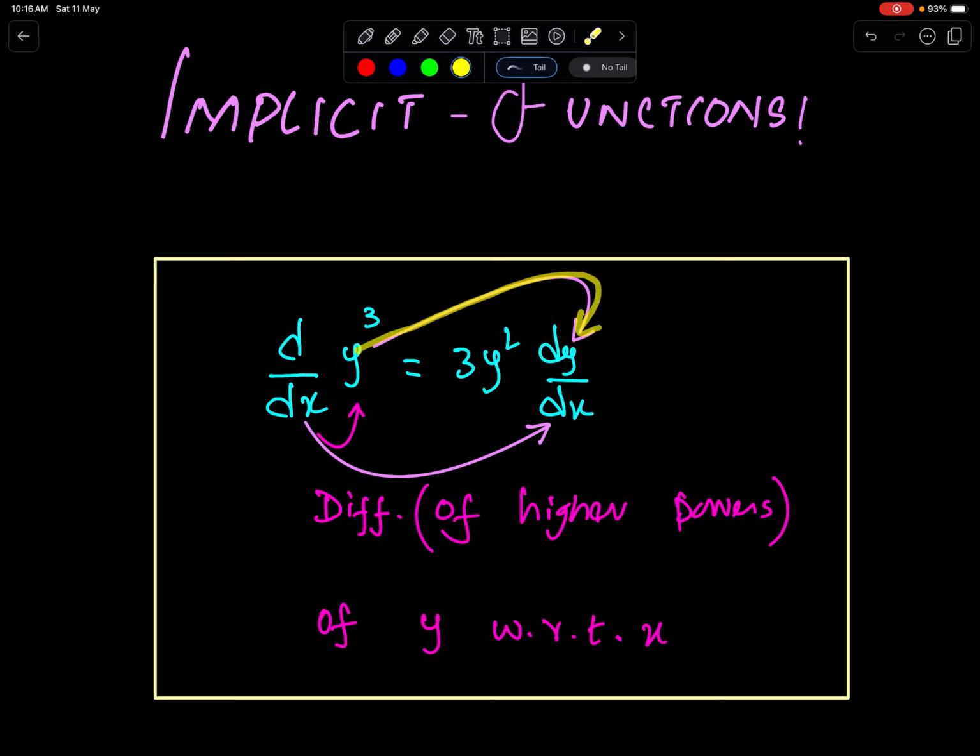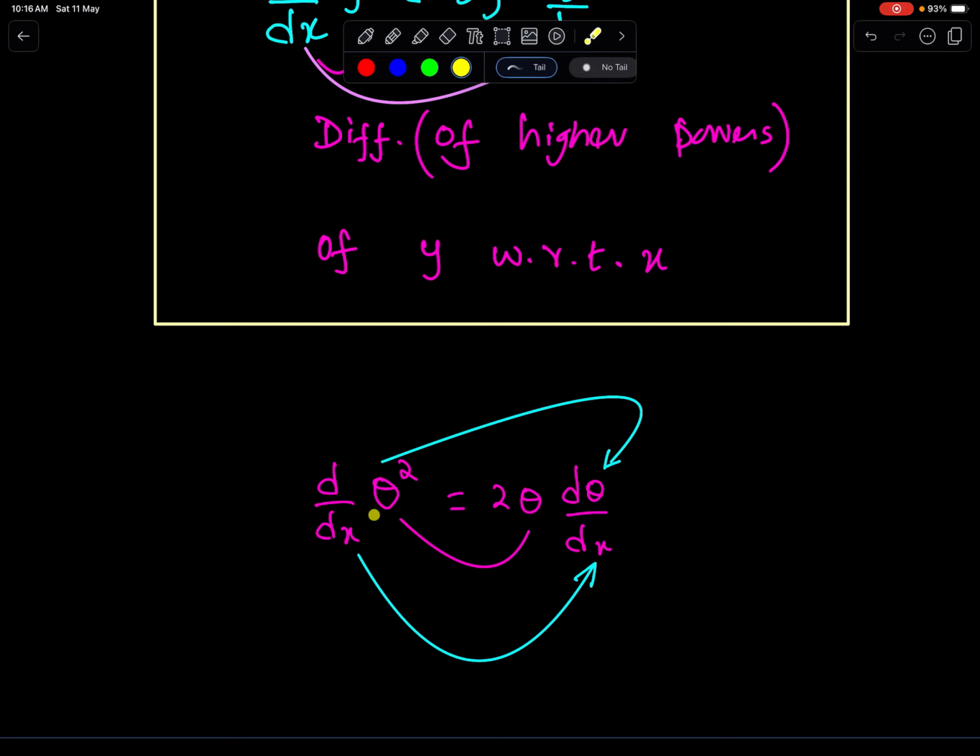This y is here and this x is here. What if we had theta square? After differentiating theta square, multiply this answer with the gradient of theta, d theta upon dx. This is the way to differentiate implicit functions.